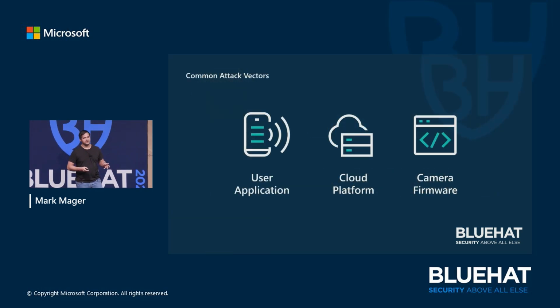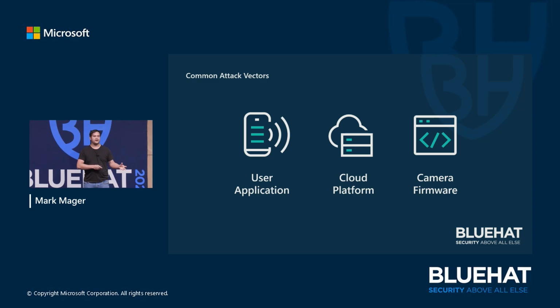When it comes to Wi-Fi cameras, there's 3 attack vectors we typically look at, right? To back things up, there's 3 primary components in a Wi-Fi camera ecosystem. There is the camera itself, there's a cloud platform, and then there is the user application, right?